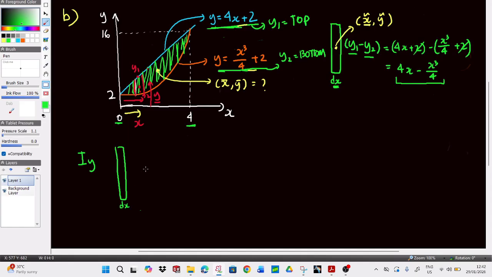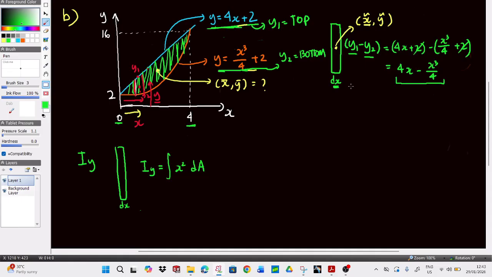And Iy, the moment of inertia, is simply the integral of x squared dA.